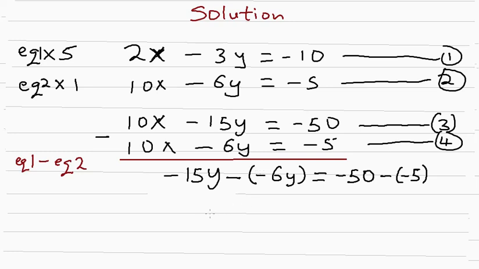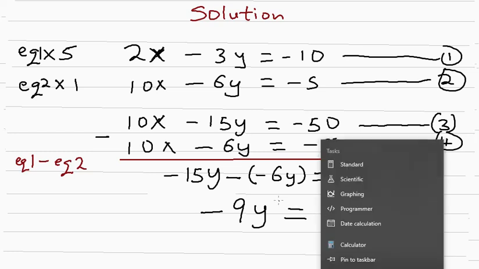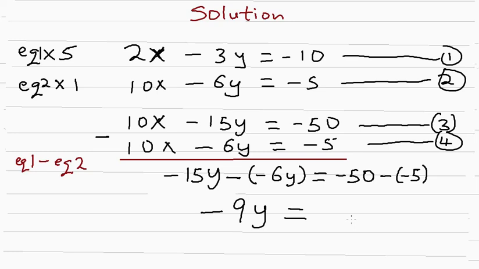On the other side, I'm having minus 50 plus 5, which is going to give me minus 45. Please pardon me. So minus 45, and of course minus cancels minus on both sides of the equation.